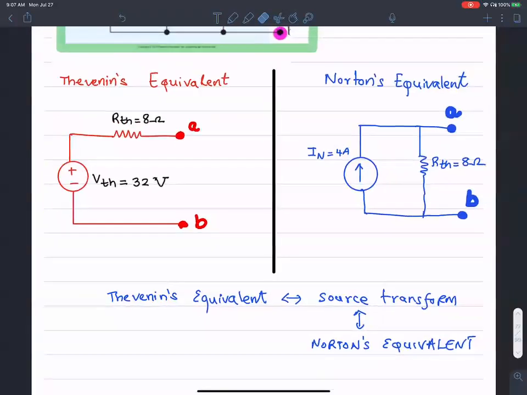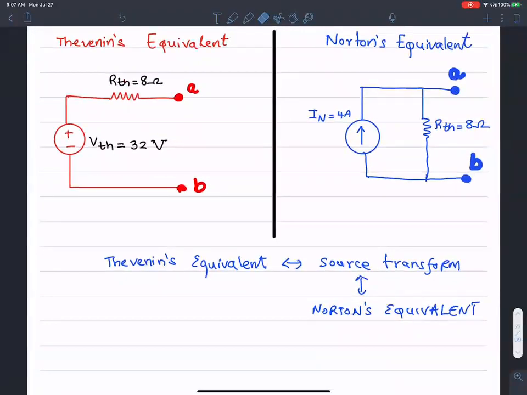Okay, so the idea is, if you know how to find the Thevenin's equivalent, you can convert it using source transformation to get the Norton's equivalent. Or vice versa. If you know how to find the Norton's equivalent, you apply source transformation to find the Thevenin's equivalent circuit.